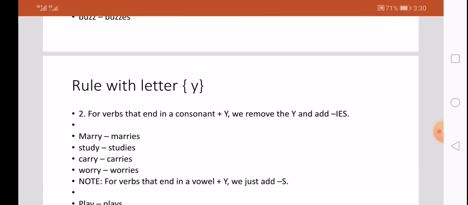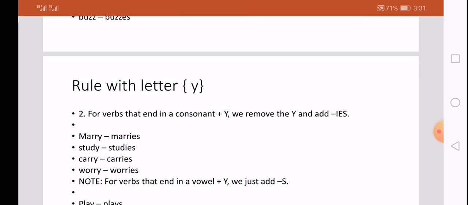Another rule with the letter Y. For the verbs that end in a consonant plus Y, we remove the Y and add IES. Example, marry. What can you see here? The last letter is Y. Before Y, what? It's R. R is a consonant letter, so it changed to marries.